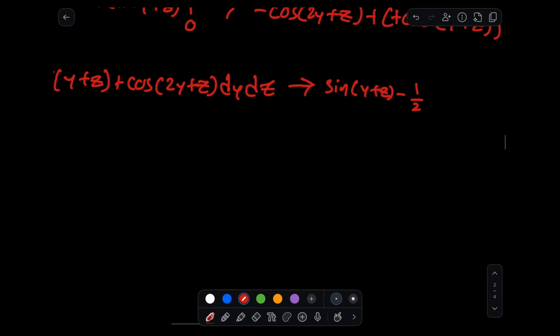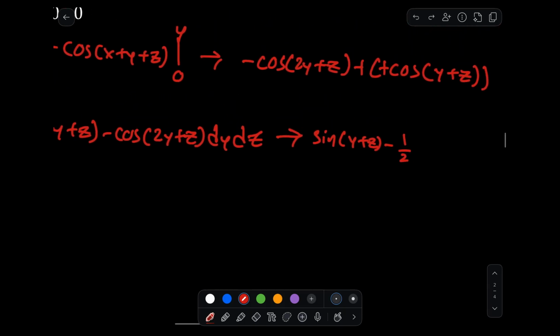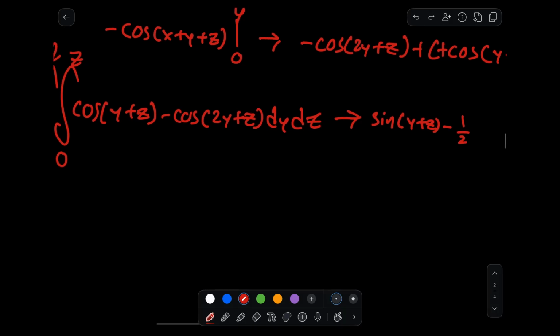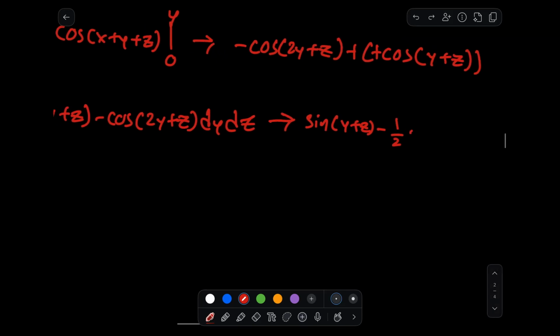Oh, sorry, this should be plus. Wait, let me double check. This becomes a plus here. Oh, no, I did this right. It's going to be minus 1/2 sine of 2y plus z.